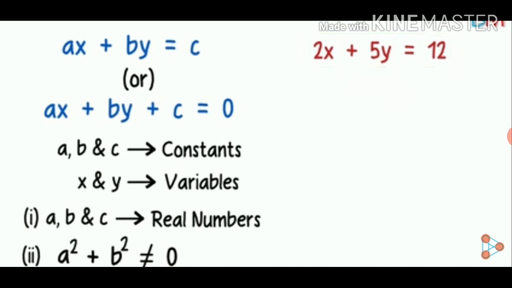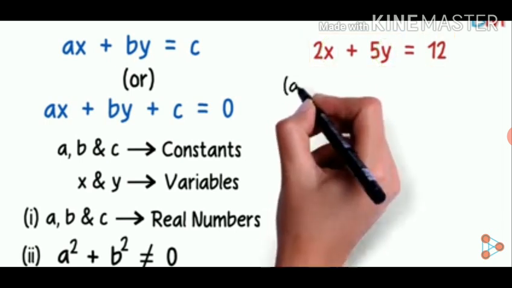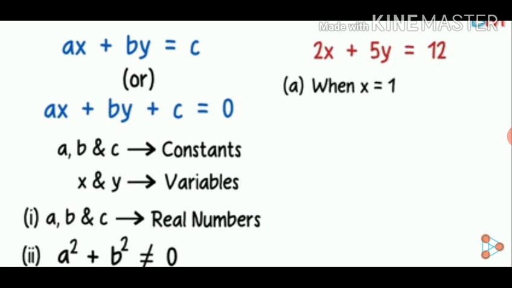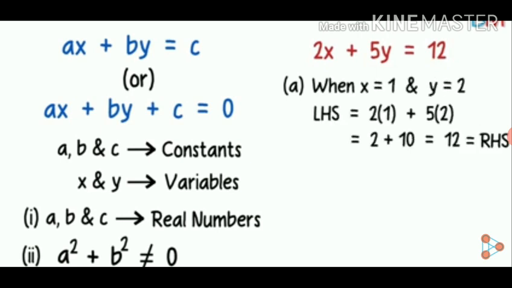The solution of a linear equation in two variables is a pair of values, one for x and the other for y, which makes both the sides equal. Can you think of x and y values here which will equate both the sides? One possibility is when x is equal to 1 and y is equal to 2.